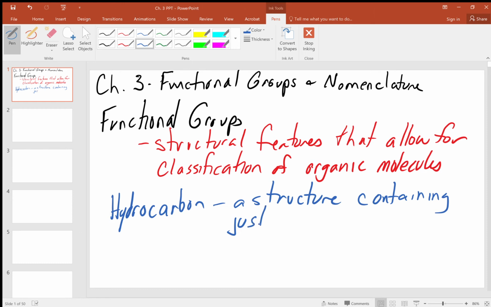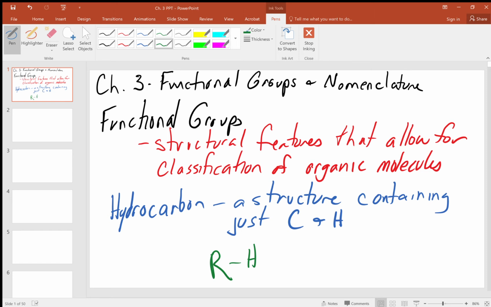It's a structure containing just carbon and hydrogen. And many times when we're drawing generic molecules, functional groups, as we're going to in this lecture, you'll see that in a molecule we'll use this symbol R. Well, what is R?